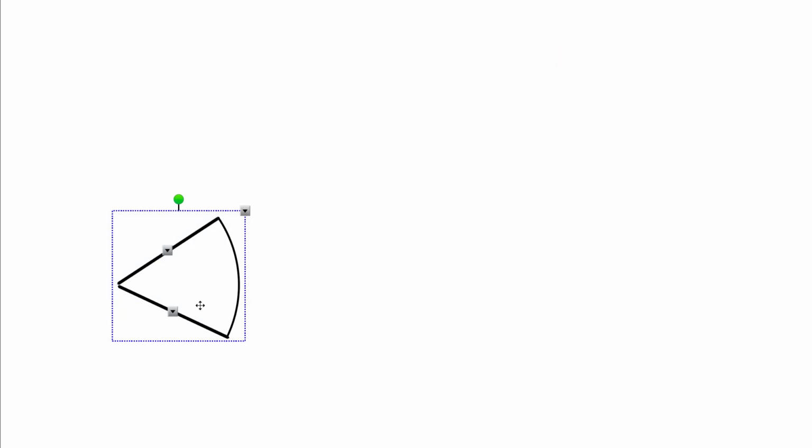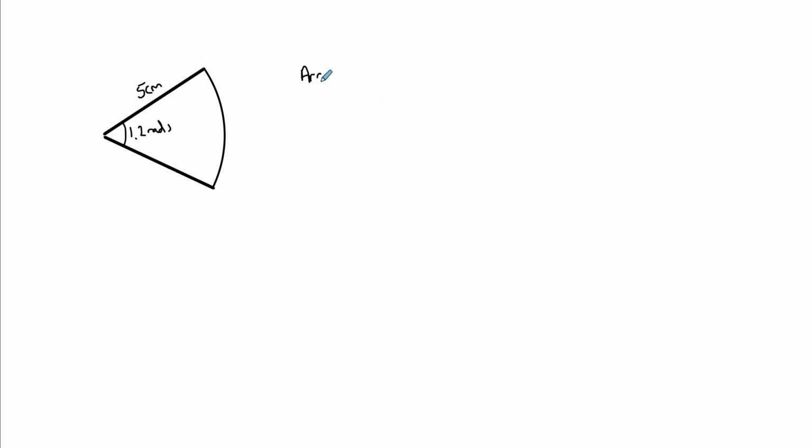There we go. So we've got a sector. Let's say that the angle here is 1.2 radians. So I've given it to you in radians, and the radius of the sector is 5 centimeters.